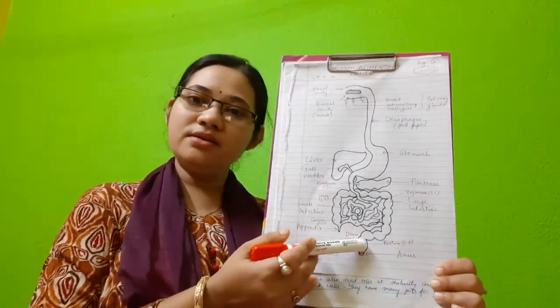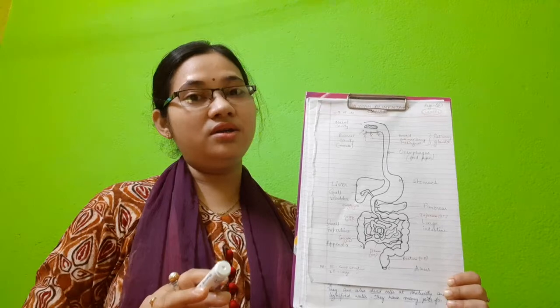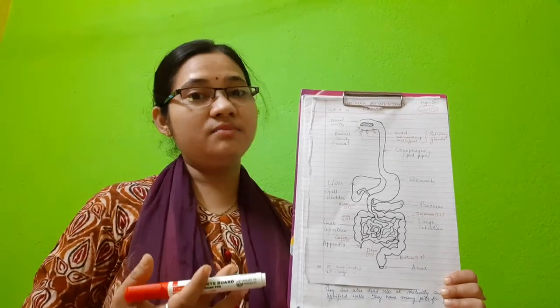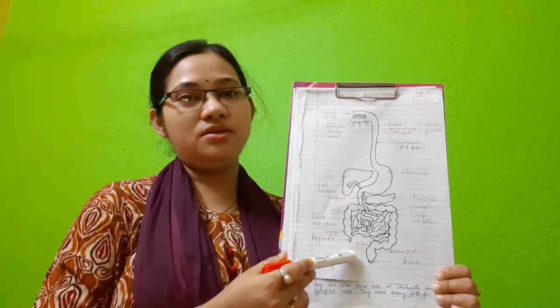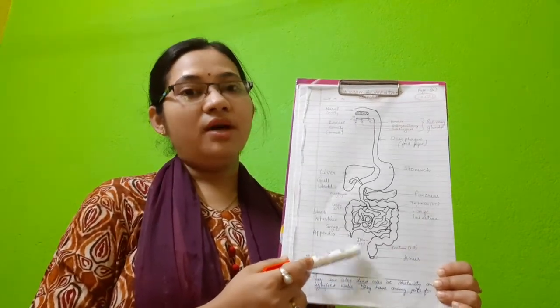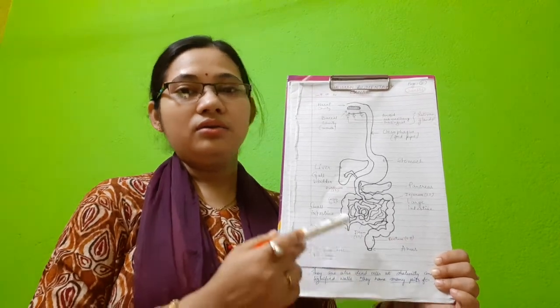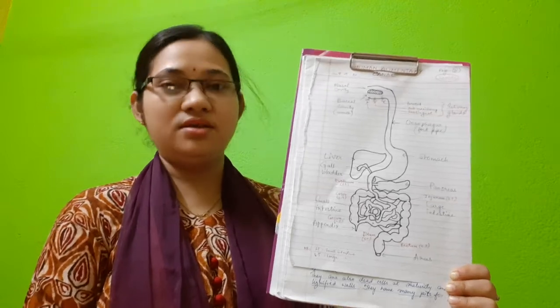In the large intestine, the food is no more food, because absorption will not take place. So the food has now been converted into waste product that must be removed from our body. That final process is called ingestion. So removal of waste particles of food through our body, through the anus, that is called ingestion.